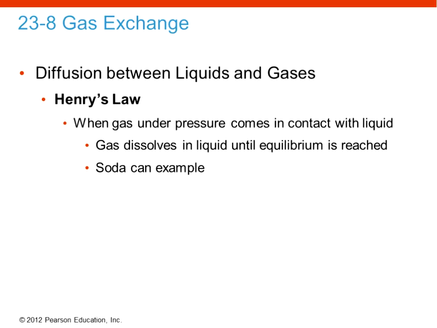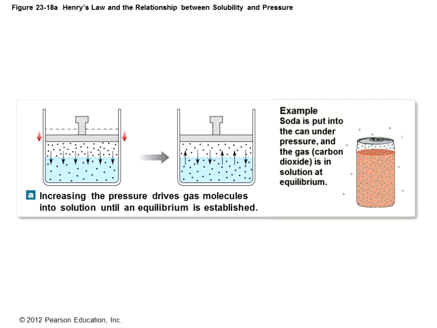And so you get partial pressures of those, okay? And understanding that is going to help you understand Henry's law, which states that when gas under pressure comes in contact with a liquid, the gas will dissolve until an equilibrium is reached. And so a soda can is a great example of Henry's law, right?